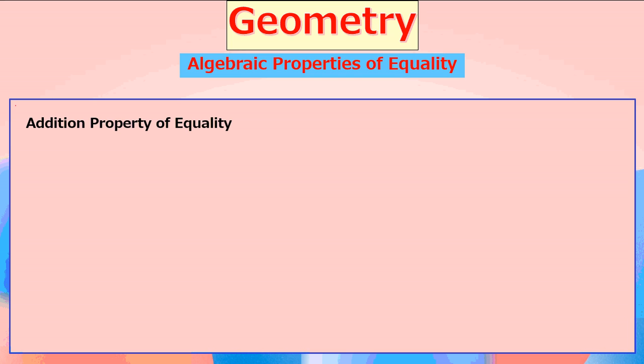One property is addition, which states that if A is equal to B, then A plus C should be equal to B plus C. So in this property, A, B, and C should be real numbers.